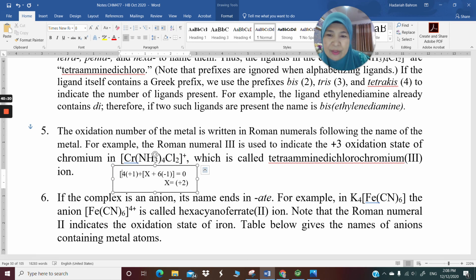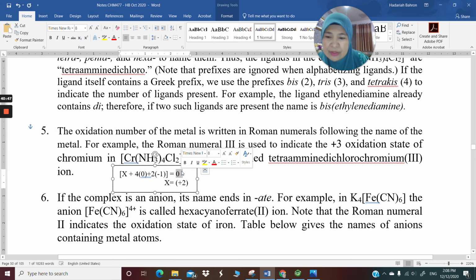You don't know the oxidation state of chromium, so x. Plus 4 times 0 for 4 ammonia, plus 2 times minus 1 for 2 chloro, and the whole thing has a charge of plus 1. So x plus 4 times 0 plus 2 times minus 1 is equal to 1. So x is equal to plus 3. Right? So it's chromium 3.